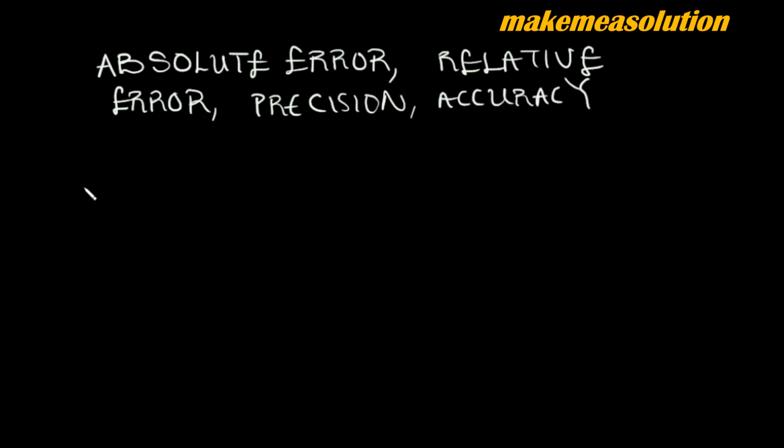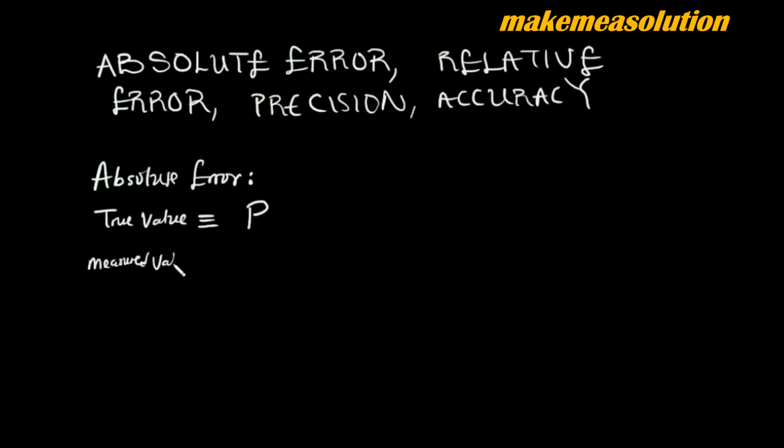What exactly is absolute error? So to understand absolute error, let me assume that a true value has a symbol of p, and a measured value is now having a value of p asterisk, for instance.